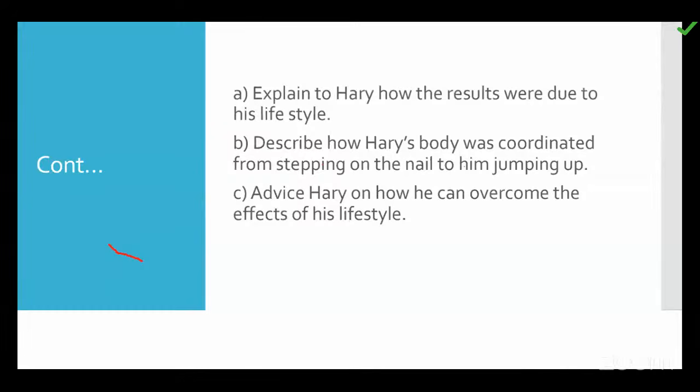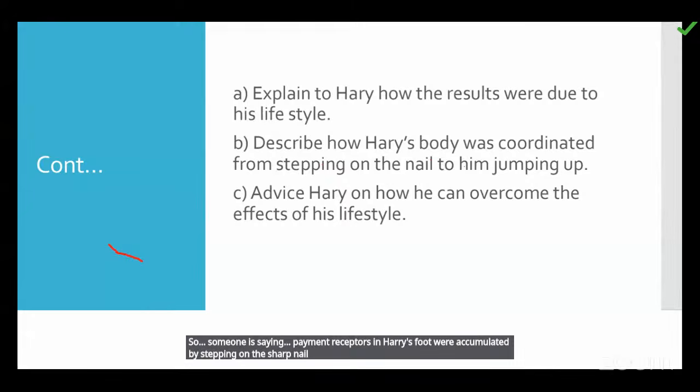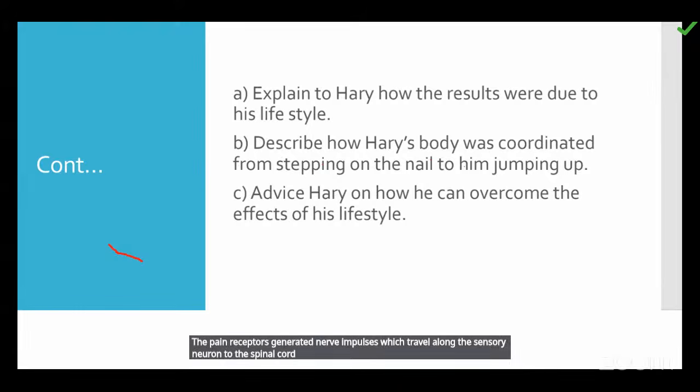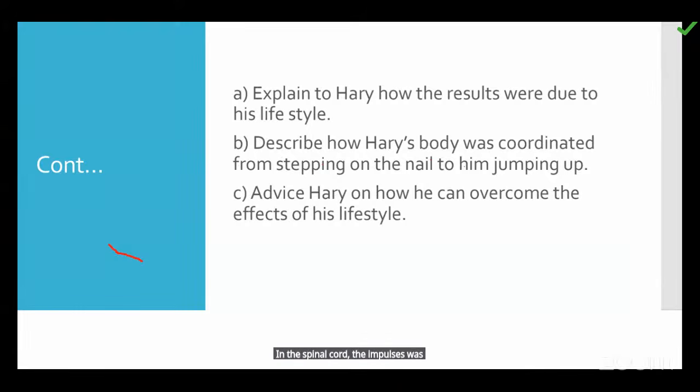Okay, thank you. So we have some good responses in the chat here. You can check around. So someone is saying pain receptors in Harry's foot were stimulated by stepping on the sharp nail. The pain receptors generated nerve impulses which traveled along the sensory neuron to the spinal cord. In the spinal cord, the impulse was relayed.